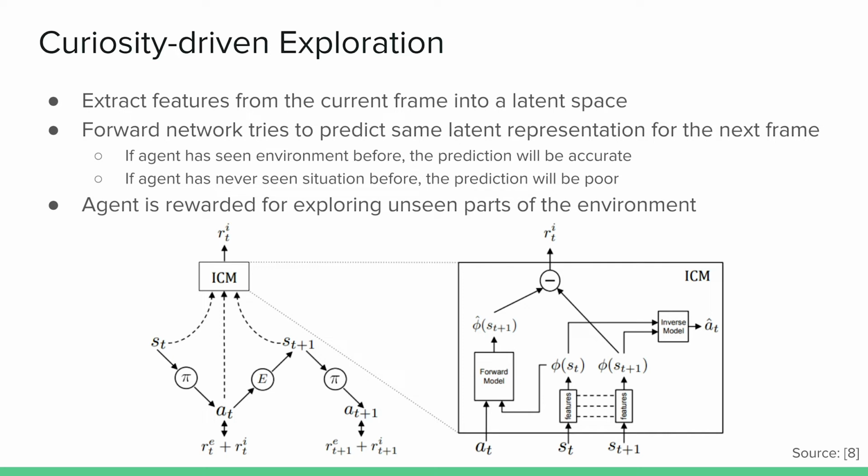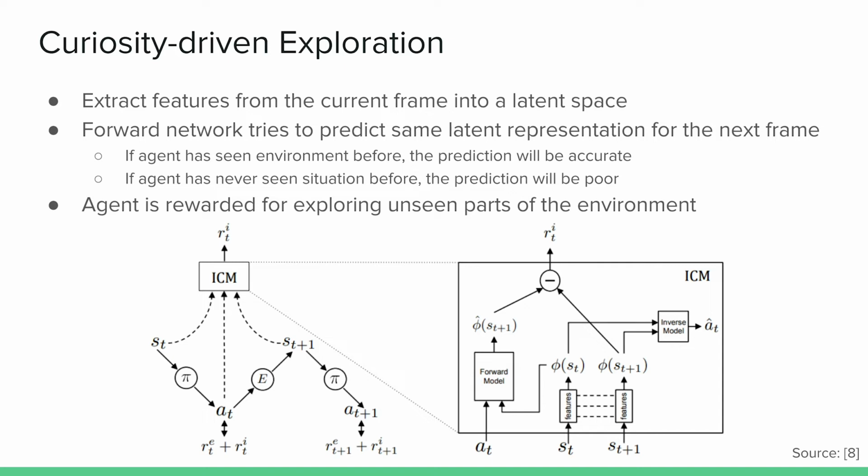So this allows the network to say, okay, what of our environment is relevant and what is not. It's learning this mapping from the current frame into this latent space. And given the latent space representation for the next frame, the forward network tries to predict the same latent representation.